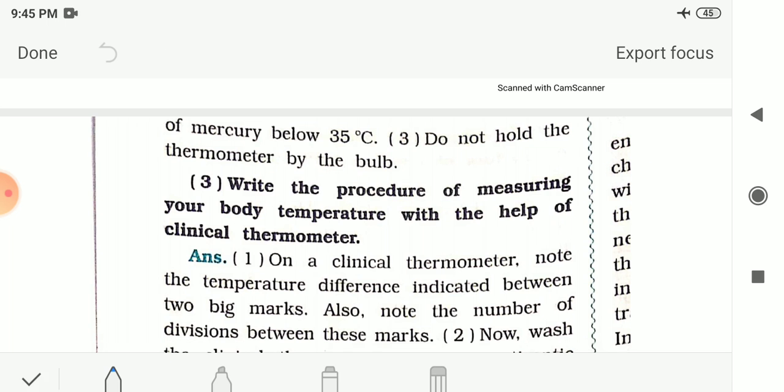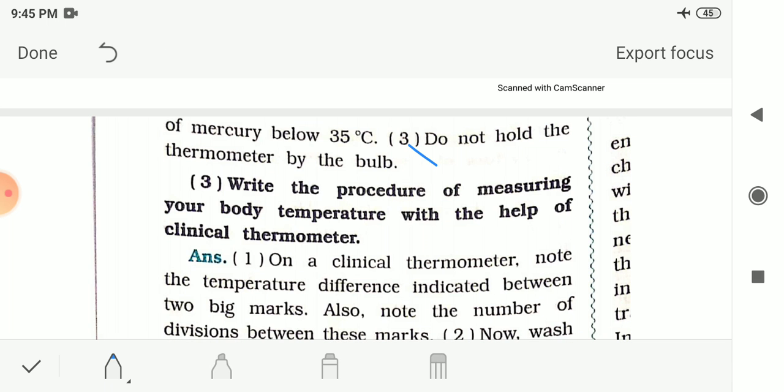And last one, do not hold the thermometer by the bulb, that we had already seen. We should not hold the thermometer by the bulb, as you will find variation in the temperature if you hold it by the bulb. So these 3 precautions should be taken while using the thermometer. You have to wash the thermometer with antiseptic before and after use.